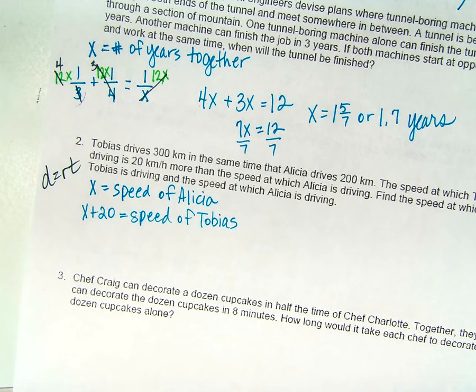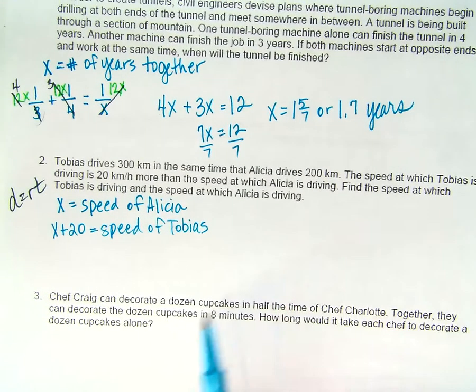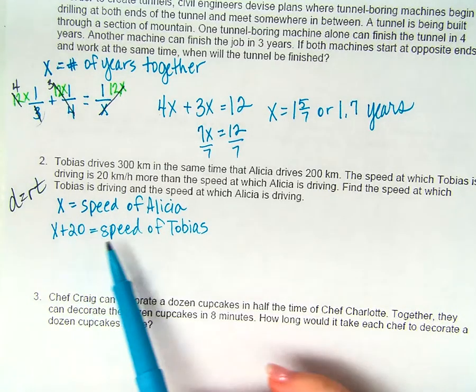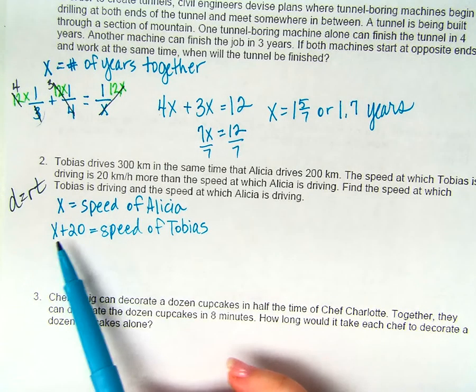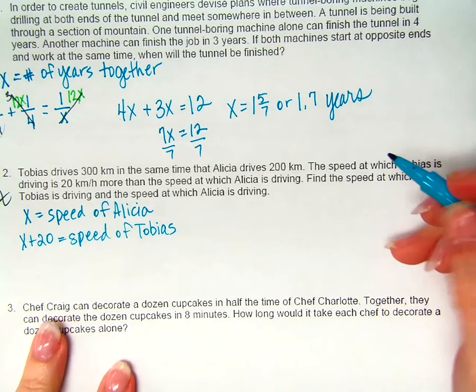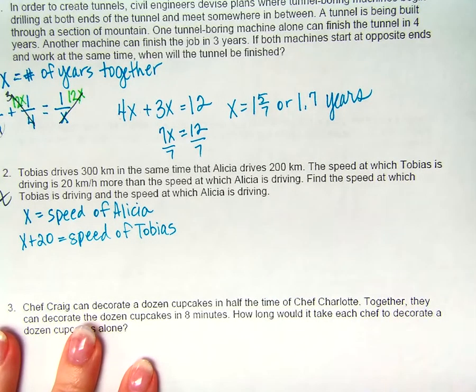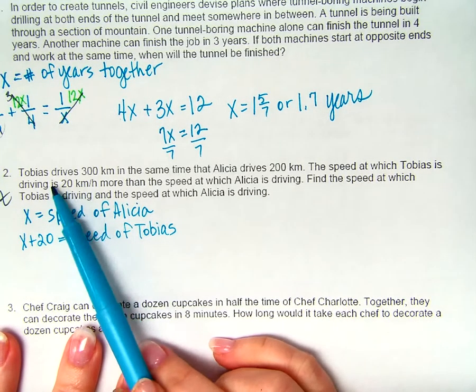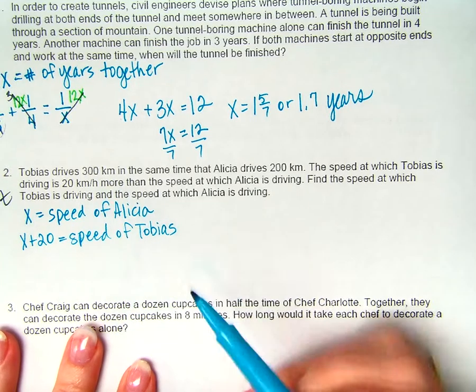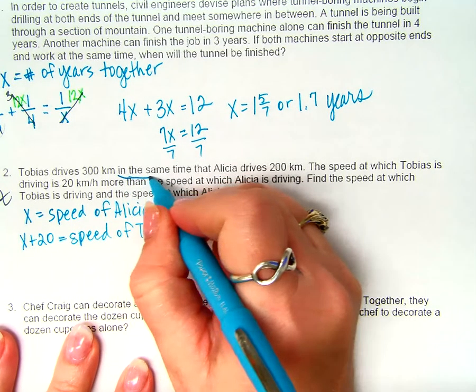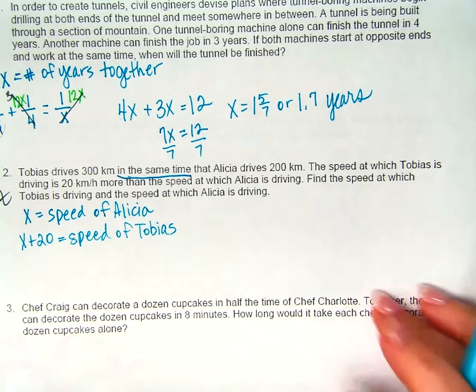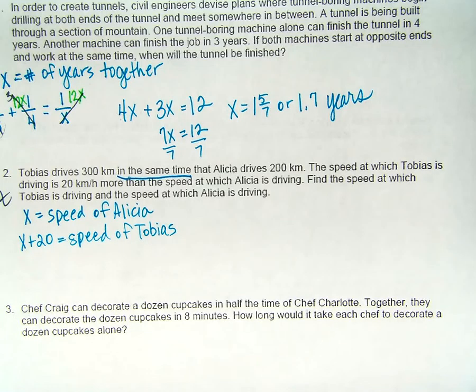So what do we know? Well, we know Alicia's speed is x, and we know Tobias's speed is x plus 20. But we also know this. Tobias drives 300 kilometers in the same time that Alicia drives 200 kilometers.